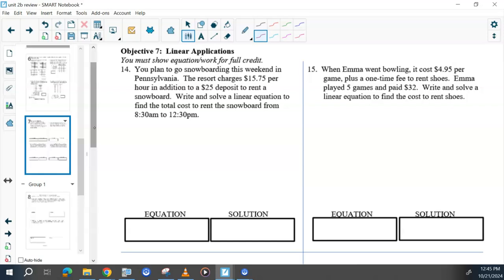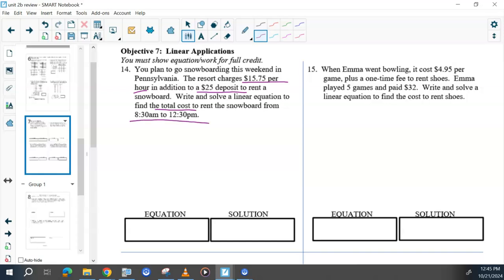So in 14, you plan to go snowboarding this weekend in Pennsylvania. The resort charges $15.75 per hour, in addition to a $25 deposit to rent a snowboard.